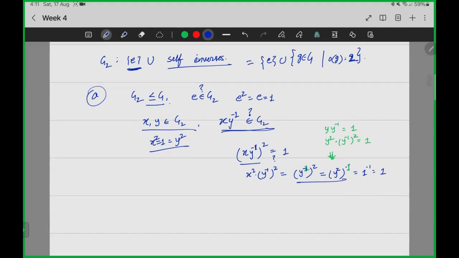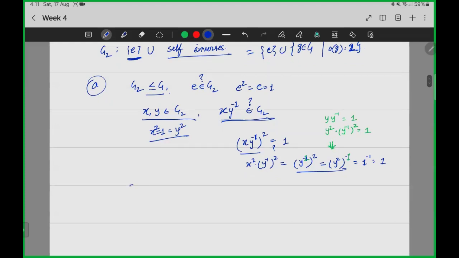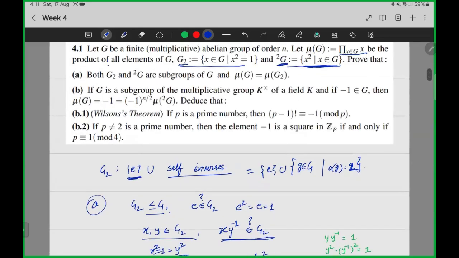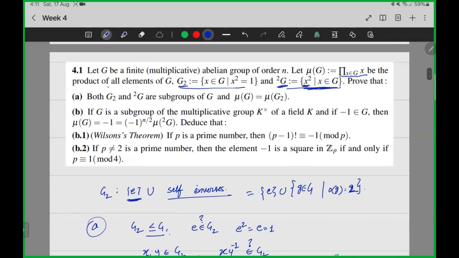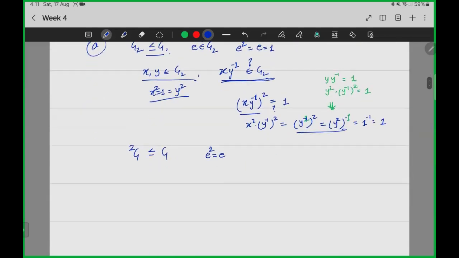So G2 is a subgroup of G. What about 2G? E belongs to this because E is nothing but E square. So E is a square of something. So all squares of G are in 2G.